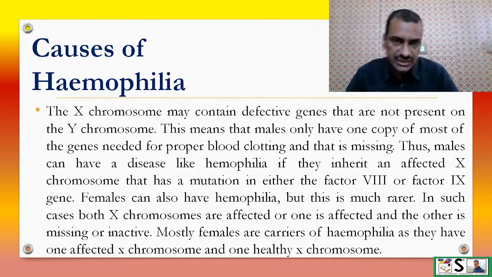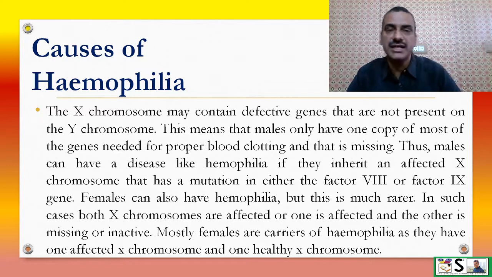But if we see in the females, they may have this clotting factor missing from one X chromosome, but another X chromosome may have the gene which provides information for making protein. So there will be no proper hemophilia.